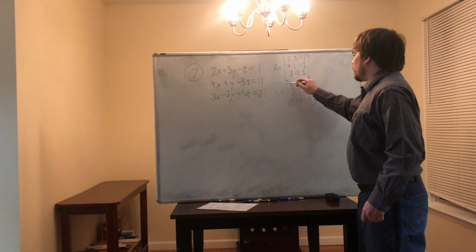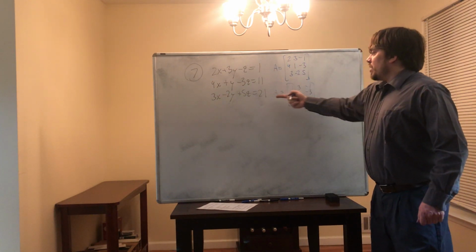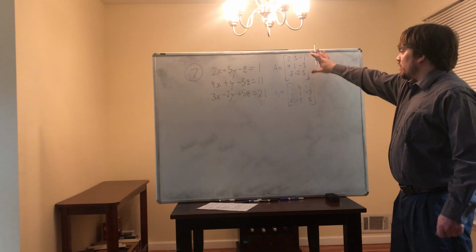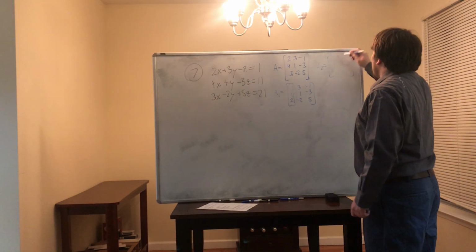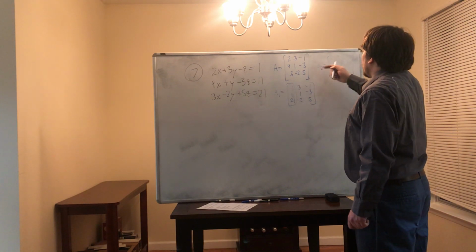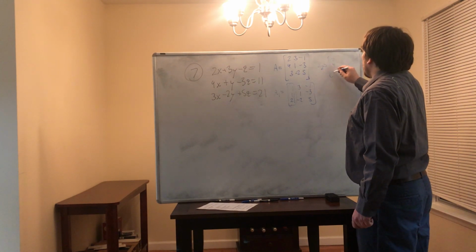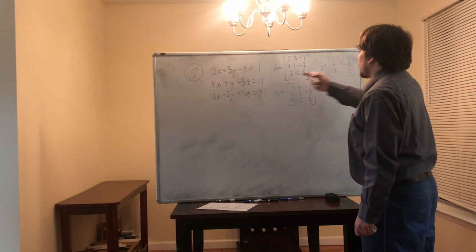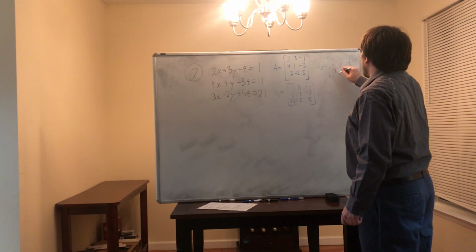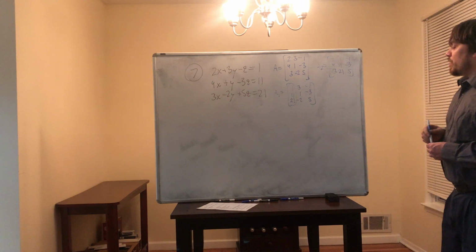A2 is the same as A in every column except the second: 2, 4, 3 is the first column, negative 1, negative 3, 5 is the third column, and in the second column I put 1, 11, and 21. That's the matrix A2.